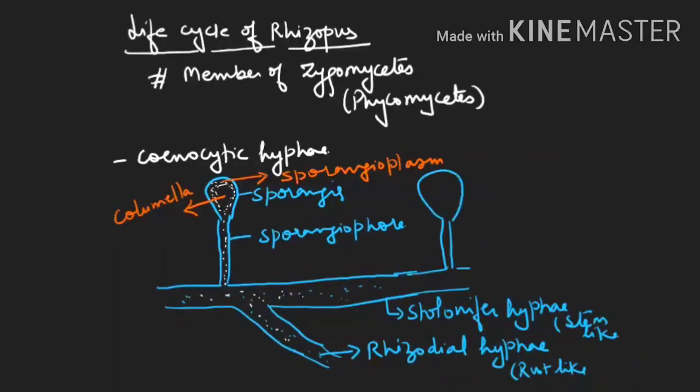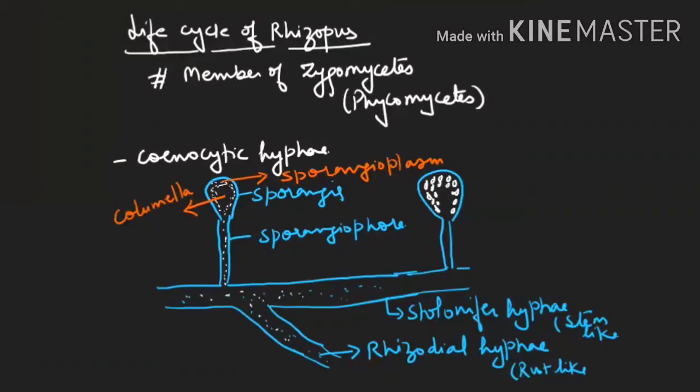And inside this you are finding the aplanospores. These are your aplanospores, meaning the cytoplasm is laid around the nucleus to make the aplanospore. Are you getting it? This is how the aplanospore is formed, leaving the center area, which is known as the sterile area, columella.